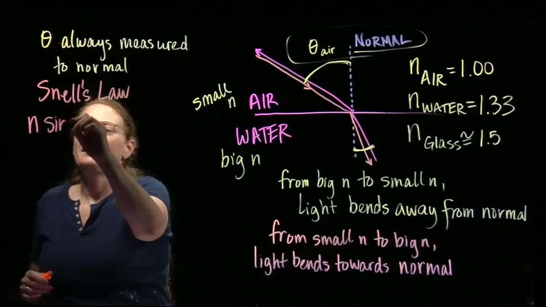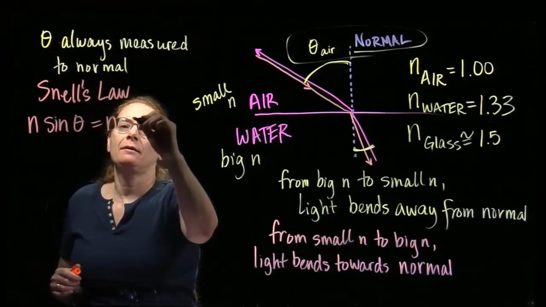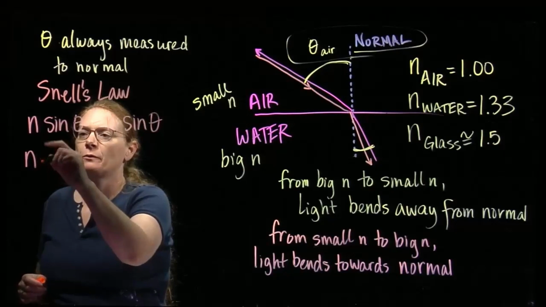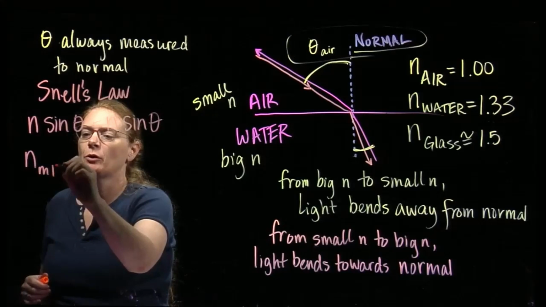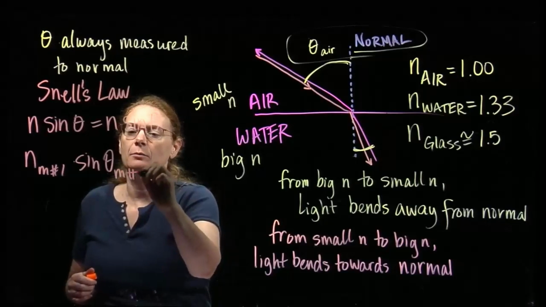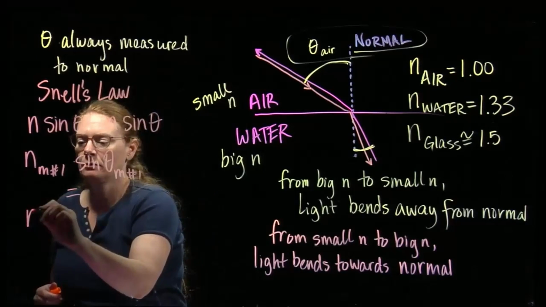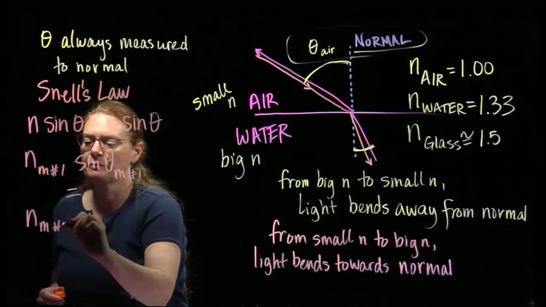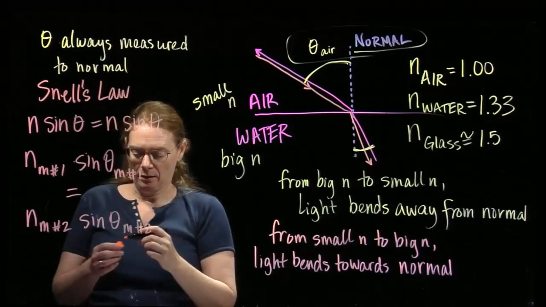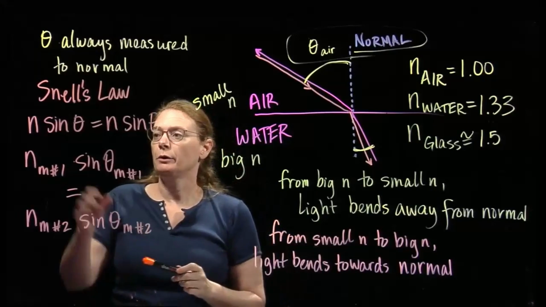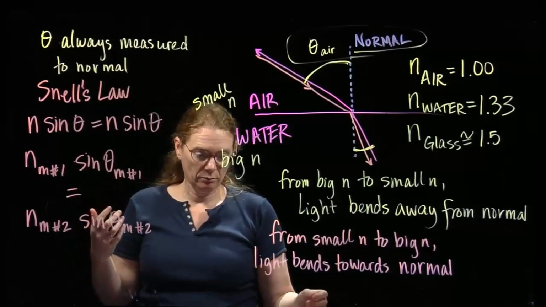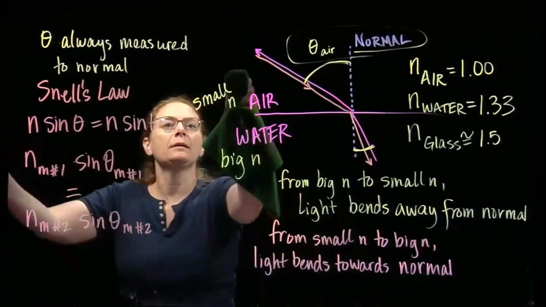It is n sine theta equals n sine theta, where we have the index of refraction of material number 1 times the sine of the angle in material number 1, and that is equal to the same thing in material number 2, times the sine of the angle in material number 2. And so when we do Snell's law, we can just use this neat little symmetric equation to help us figure out where light is going to end up bending to.